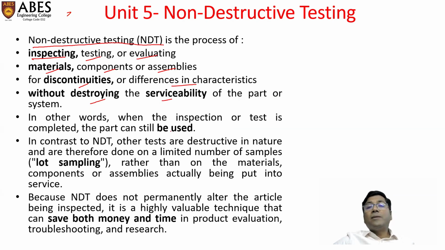In other words, when the inspection or test is completed, the part can still be used, if it is good. So it is called a non-destructive test. In contrast to NDT, other tests are destructive in nature and are therefore done on a limited number of samples.